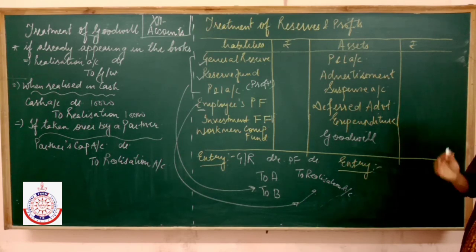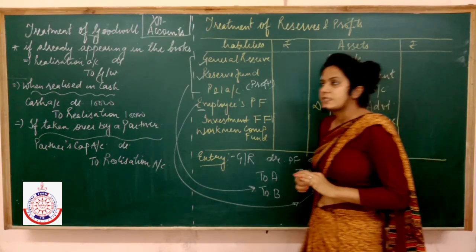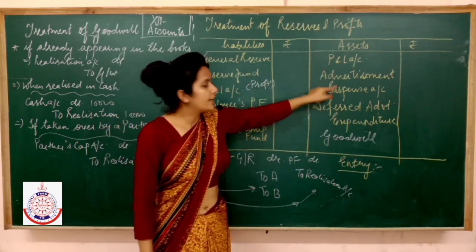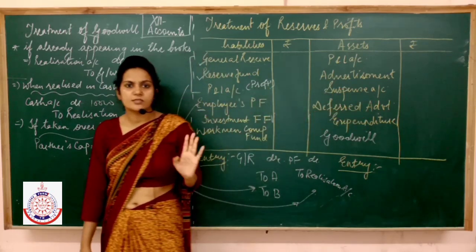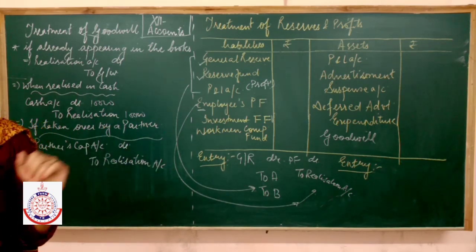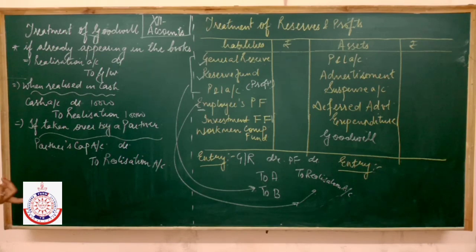Now I'll tell you the reason why we just have to transfer it only. See, suppose the investment which is lying on the asset side of the balance sheet has a book value of 5 lakh. When you are going to sell off this investment in the market, and why are you going to sell it off?